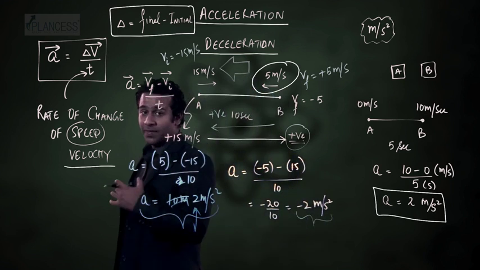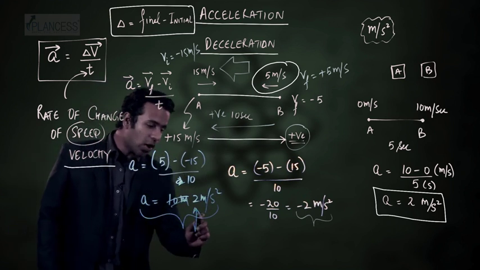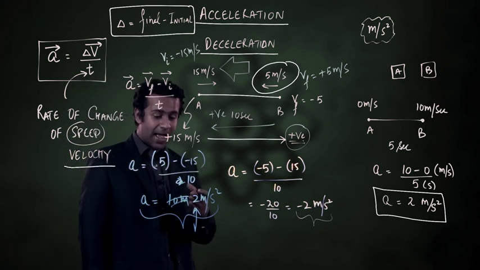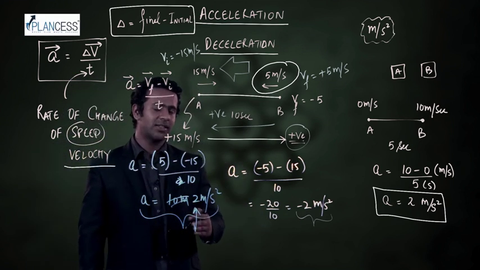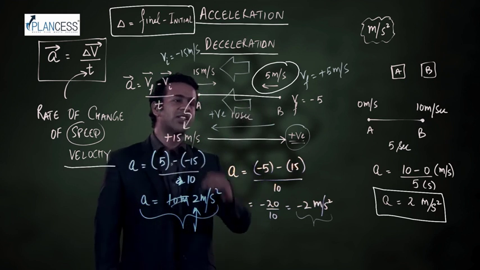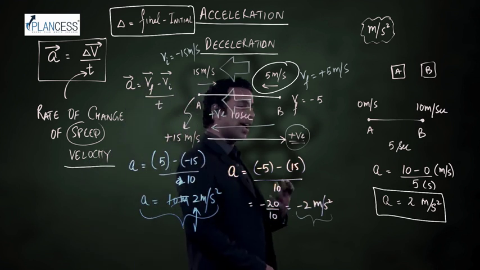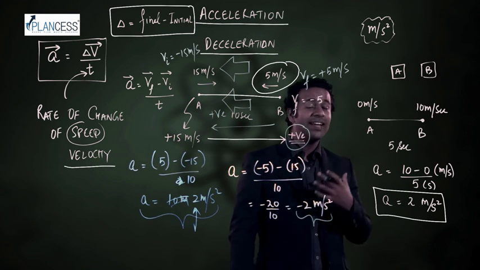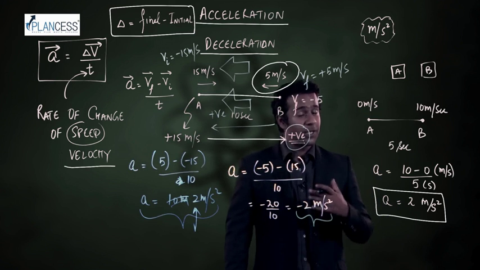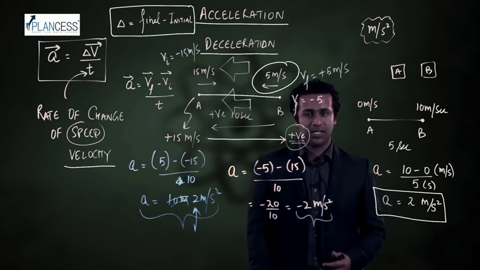In the second case, when we chose the opposite direction as positive, we got our answer as +2. So that means that the acceleration is in the direction that we have taken as positive, which tells us that the acceleration should be in this direction. So you see, in both the cases, though the sign of our answer is different, the interpretation remains the same. It gives us the same magnitude, the opposite sign, but still when you interpret it, you get the same result.